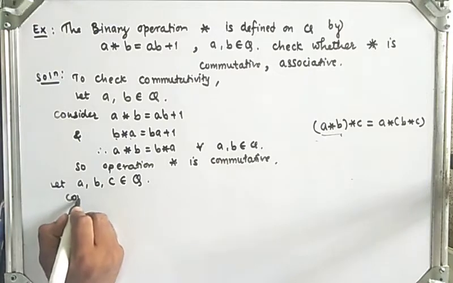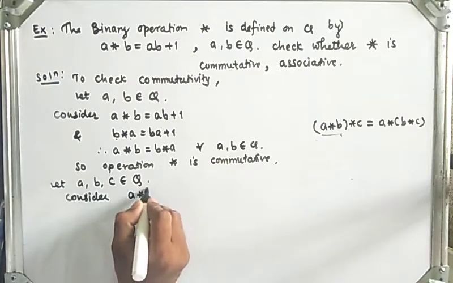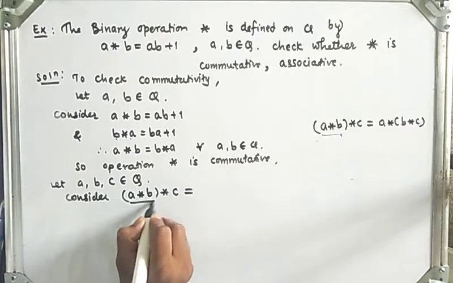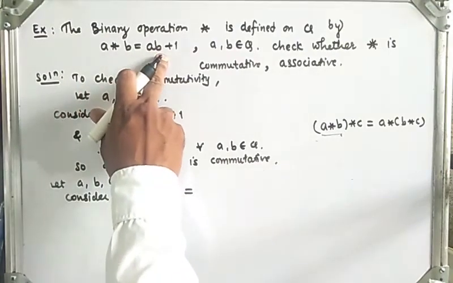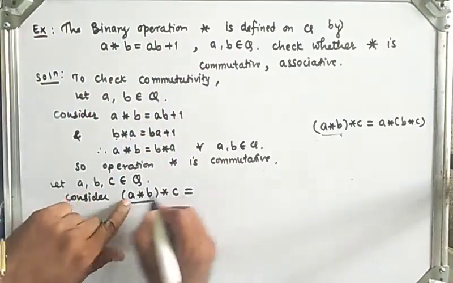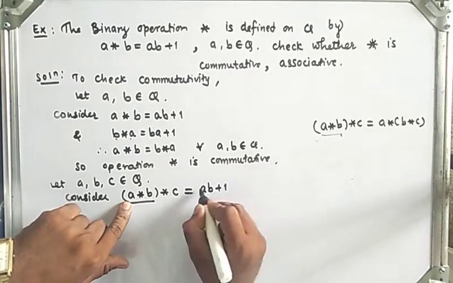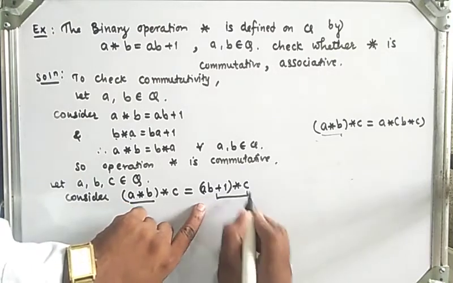Now consider (A star B) star C. So first solve this bracket. We know that A star B is the same as A into B plus 1. So A star B means the product of these two plus 1. So (A into B plus 1) star C. Again here we have two elements.